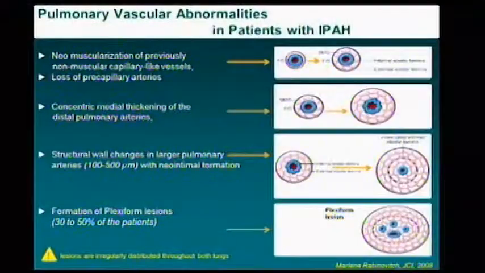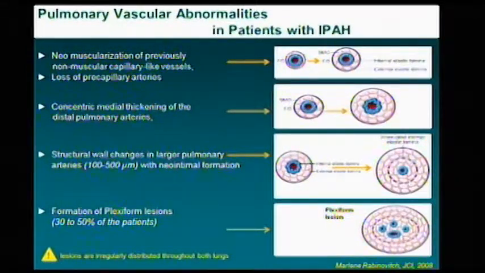When you have pulmonary hypertension, you have progressive remodeling of the small pulmonary vessels. You see that initially, in pulmonary hypertension, you have neomuscularization of previously non-muscular capillary-like vessels. These vessels become more muscularized. You also have loss of precapillary arteries, so you have less room for increasing blood flow.